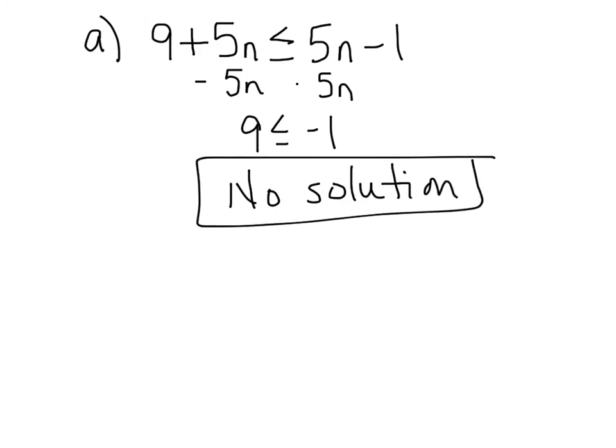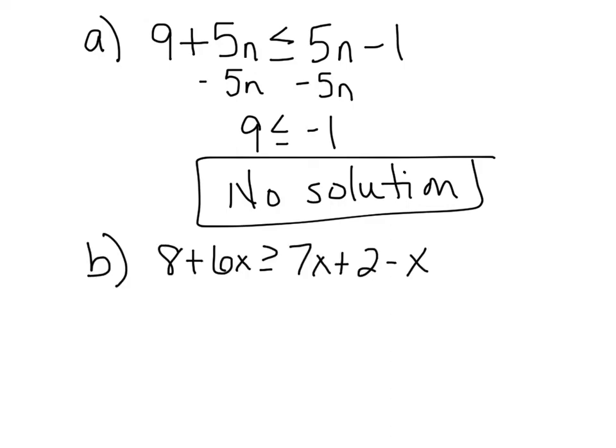So now let's look at problem B. Problem B, we're going to first combine like terms. We have 8 plus 6x is greater than or equal to 7x plus 2 minus x. So that would give me 8 plus 6x. 7x minus 1x gives me 6x plus 2. If I subtract the 6x's on both sides, they're going to cancel.